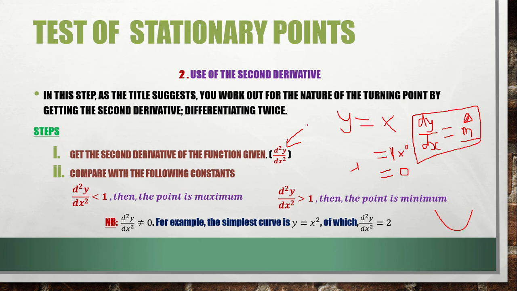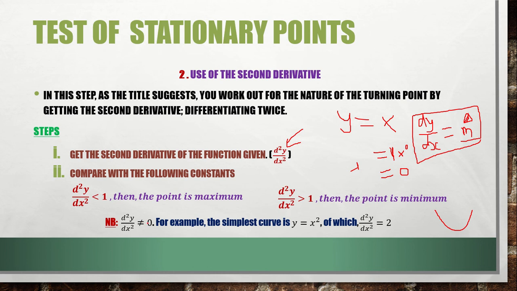Please. This method is used for determining the nature of stationary points, not just differentiating things. I know it can be equal to 0, but this particular way of determining stationary points, it can never be equal to 0. Please note, do not crucify me with words that I've said which are true.